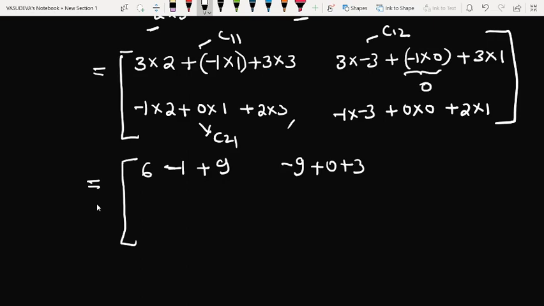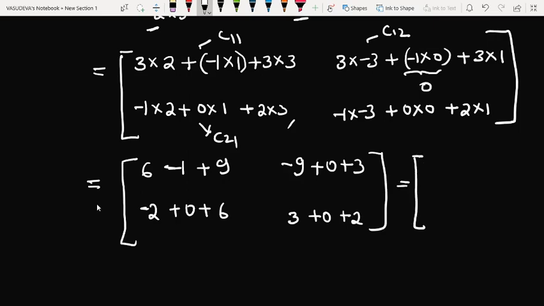The second row elements are minus 2 plus 0 plus 6, and minus 1 into minus 3 is plus 3, plus 0 plus 2. So this is equal to 6 minus 1 plus 9 which is 14, and minus 9 plus 3 which is minus 6, and minus 2 plus 6 which is 4, and 3 plus 2 which is 5. So it is a 2 by 2 matrix.